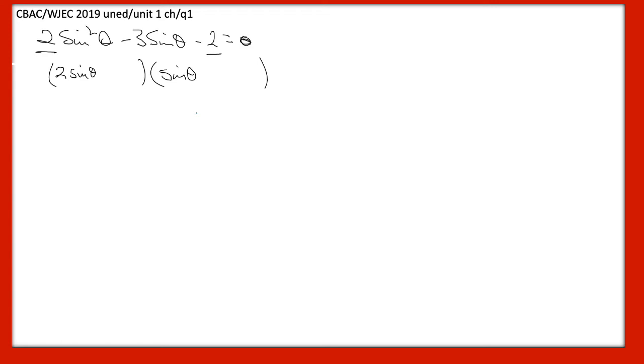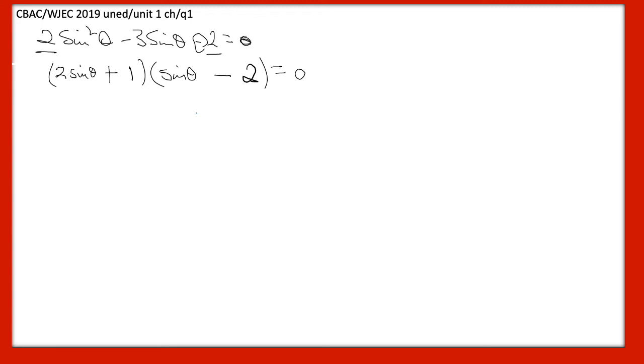The only options I've got are 1 times sine and 2 times sine, and I don't write the 1 times in, obviously. I've got options of 2 and 1, and I've got to look to see how I can put them in. So I'm looking to put my 2 in there, my 1 in there. And the negative sign, because this sign here tells me I've got different signs, positive and negative. Don't forget the equals 0 every time, because that is important.